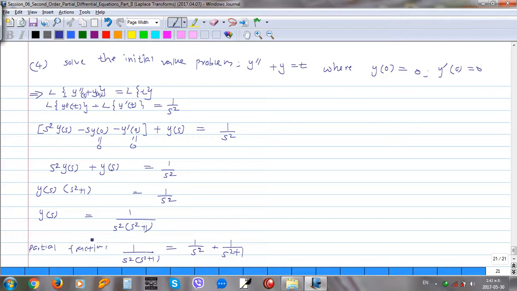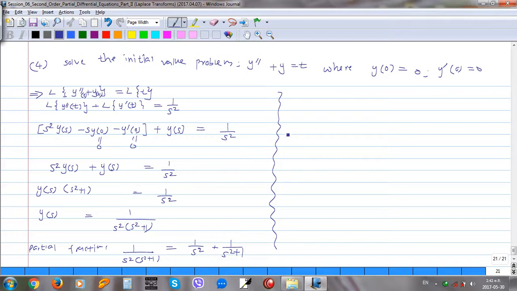After finding the partial fraction you can take this answer. You can't write it directly. First you have to find the partial fraction of this one, and then you can write this as it is. I didn't do that part, keep it in your mind. I wrote this one by finding the partial fraction, but I didn't write how to find it. So you have to find the partial fraction yourself, then the answer comes like this.